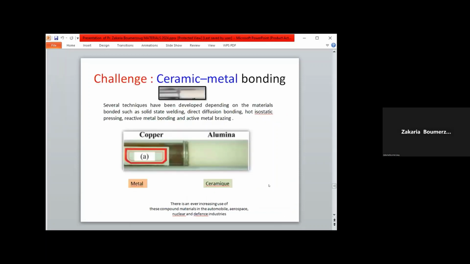Now, in our day, we can weld metal to ceramic by friction welding, as shown in this slide, by rotary friction welding, which is not possible by other techniques.